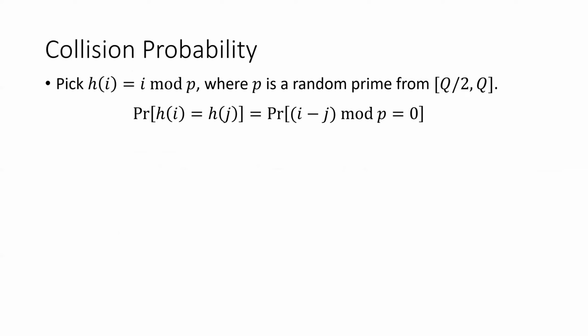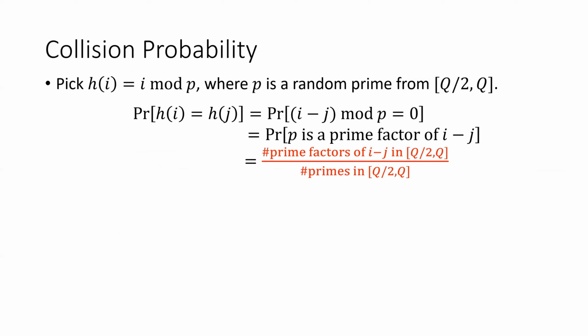This is equal to the number of prime factors of i minus j in that interval divided by the number of primes in that interval. Because the product of the prime factors should not exceed i minus j, which is bounded by n, we know that the number of prime factors of i minus j is at most log n over log q. And by the prime number theorem, the number of primes in this interval is at least order q over log q. So the collision probability is order log n over q.